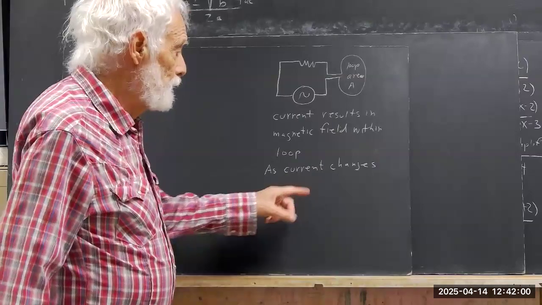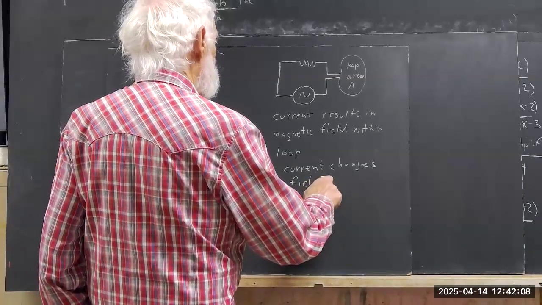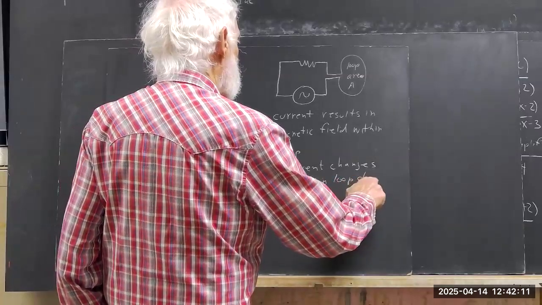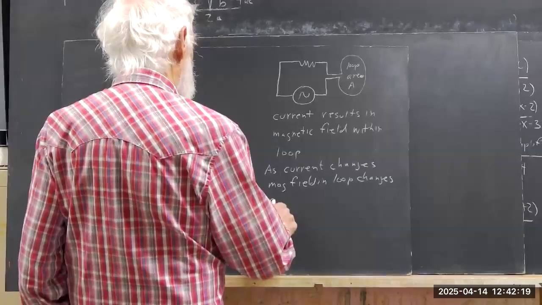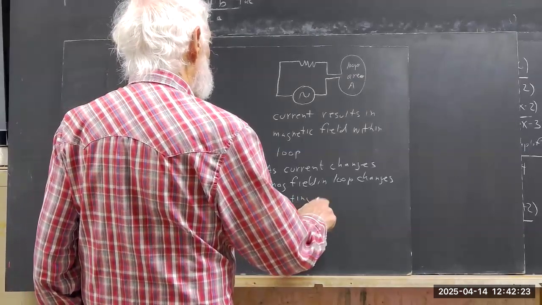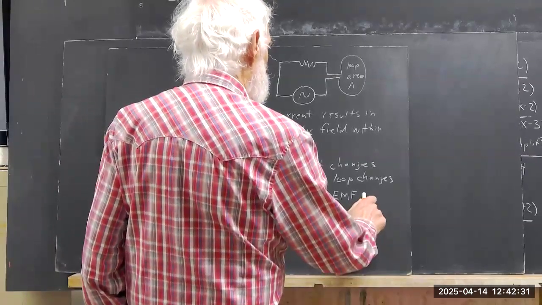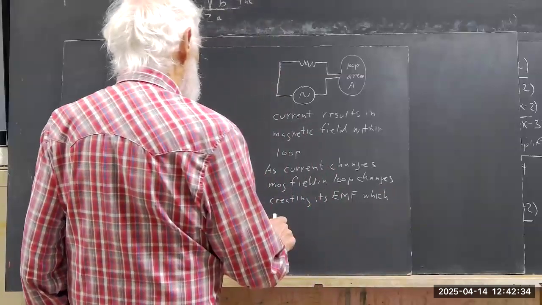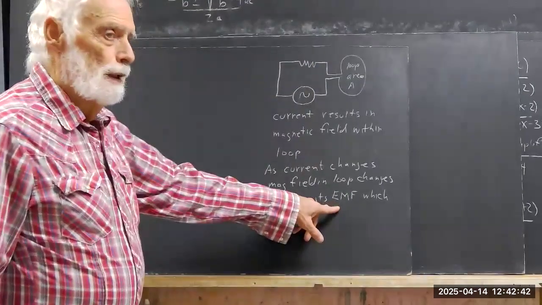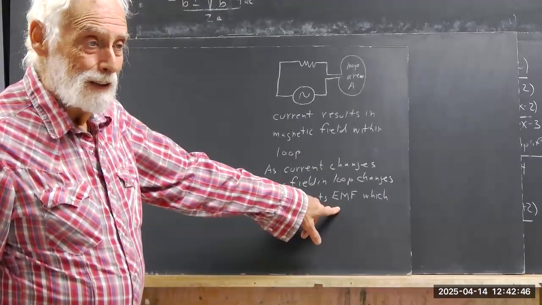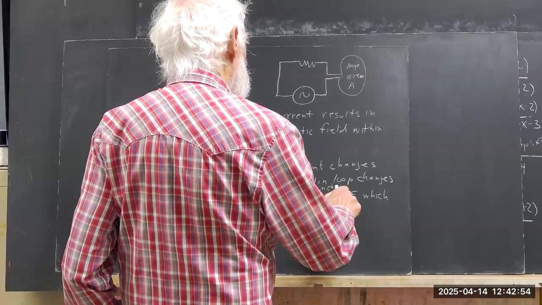As the current changes, the magnetic field in the loop changes, creating its own changing EMF.